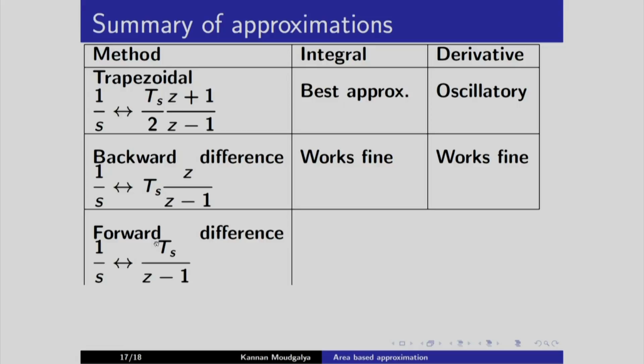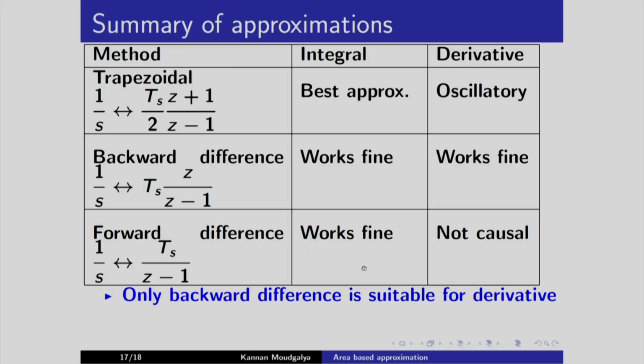What about forward difference? It turns out there is a problem not for integral mode but for derivative mode. So integral mode it works fine, but derivative mode when I take a reciprocal of this, what happens? Notice that we will have z minus 1 by Ts. So z minus 1 by Ts is not causal and hence it cannot be implemented.